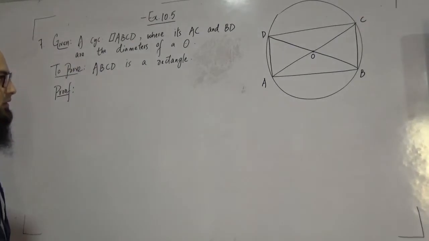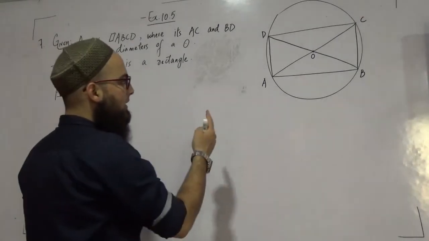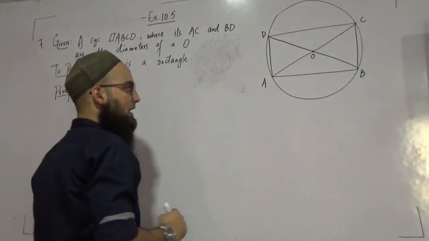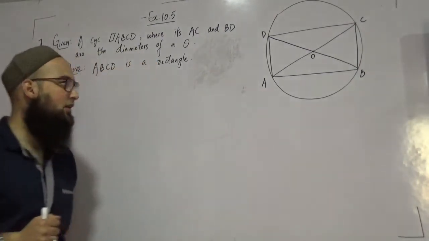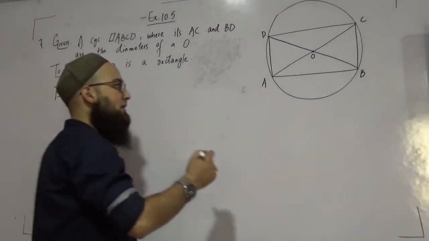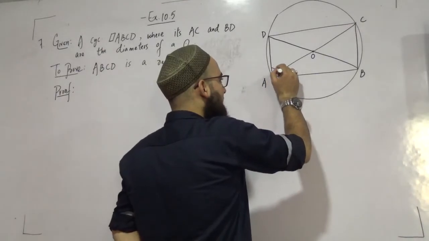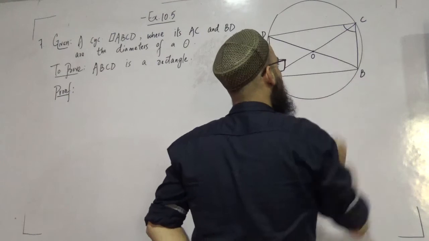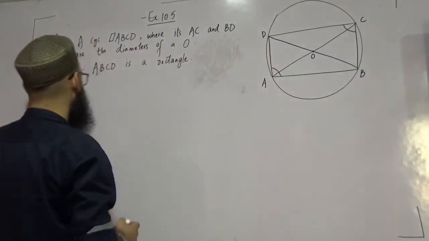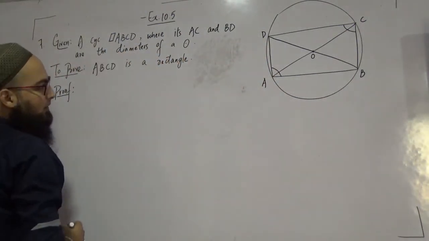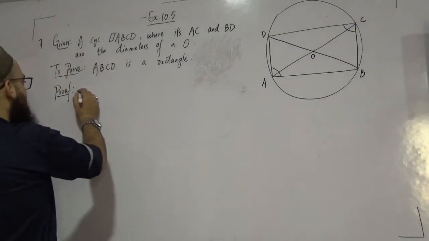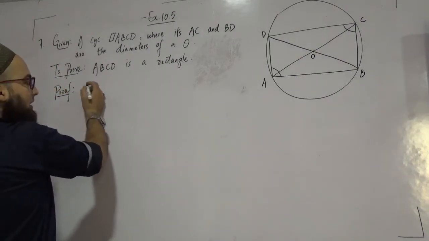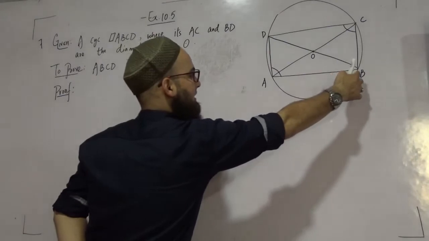First of all, we know that ABCD is a cyclic quadrilateral. That means you know the property of a cyclic quadrilateral, that opposite angles are supplementary. So this angle plus this angle is 180 degrees. Or you can go directly like this. This will be easy.